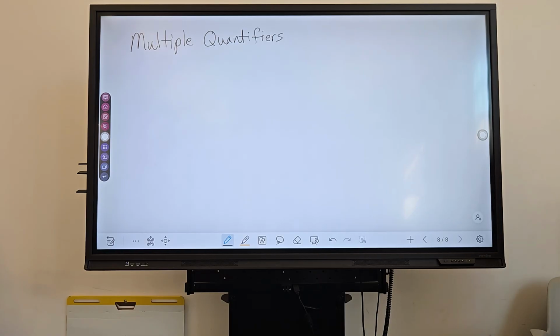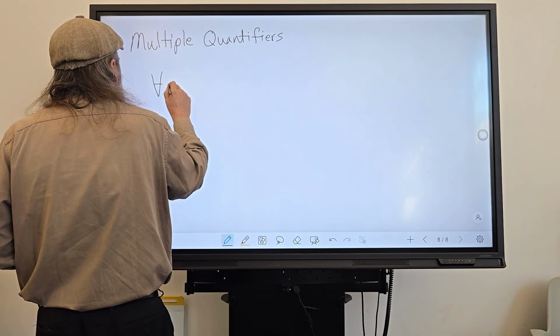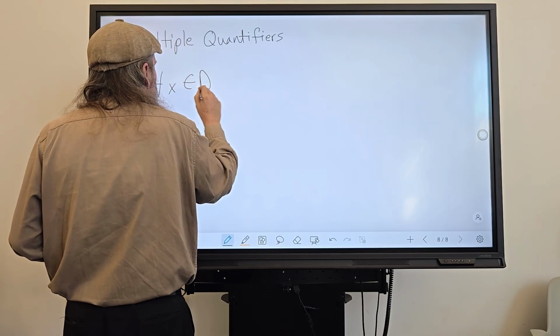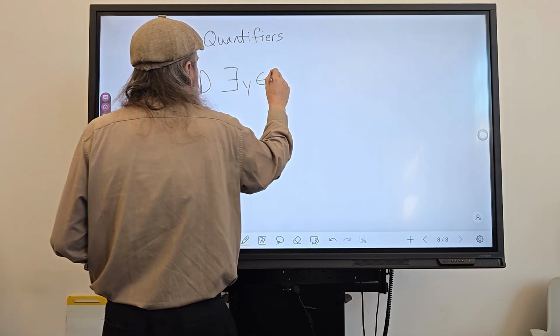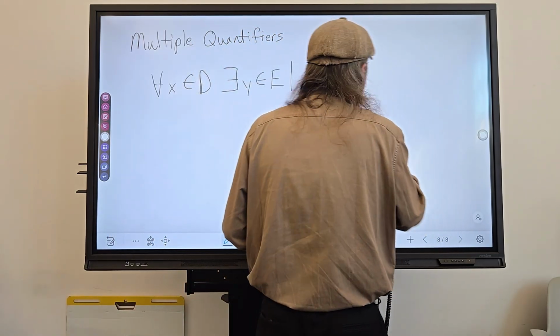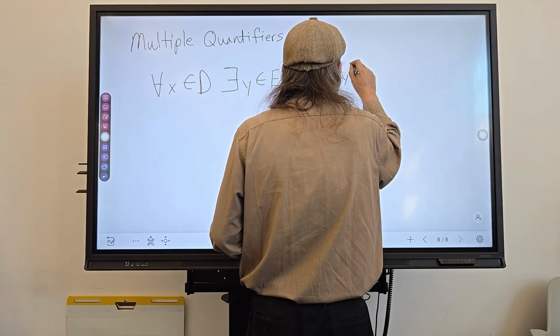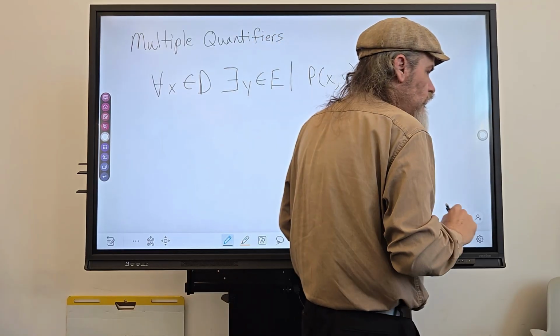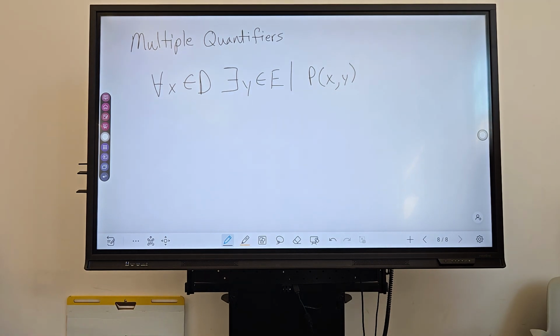Let's use the example: for all x in D, there exists a y in E such that P of x, y. For every x in D, there's at least one y in E that satisfies the property P of x, y.